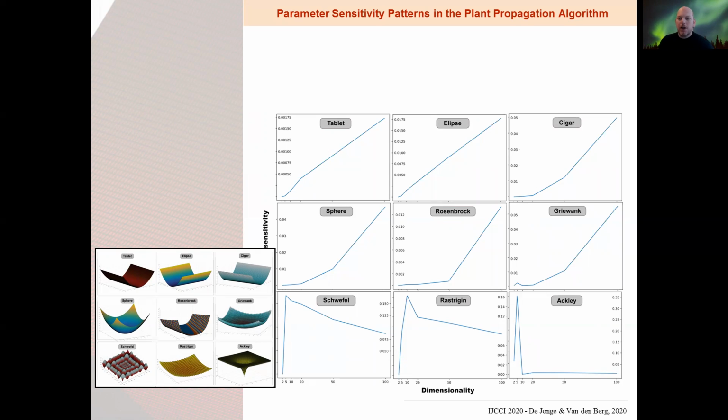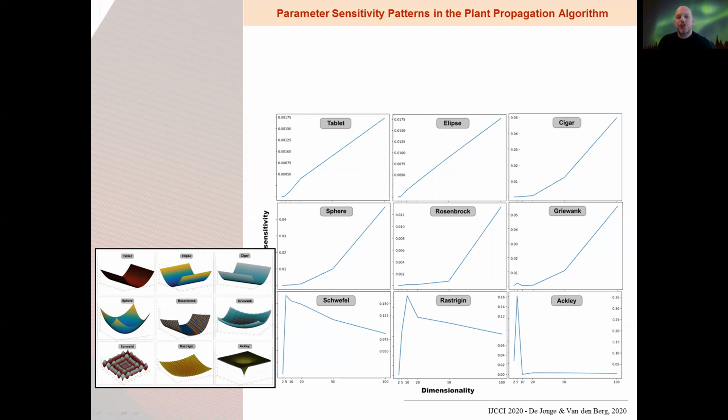And we see a couple of different regimes, 3 to be precise. The tablet and the ellipse function, which are here, can be bound on the top by a straight line. So they are increasingly sensitive to parameter settings, but ever less so. It doesn't increase really fast.